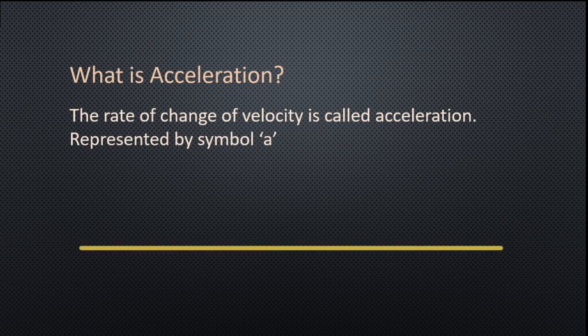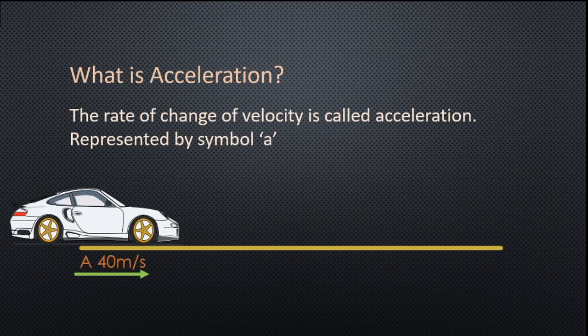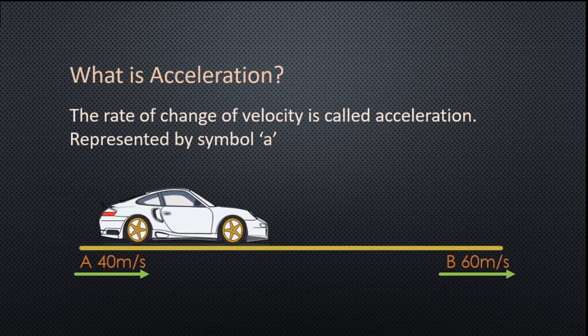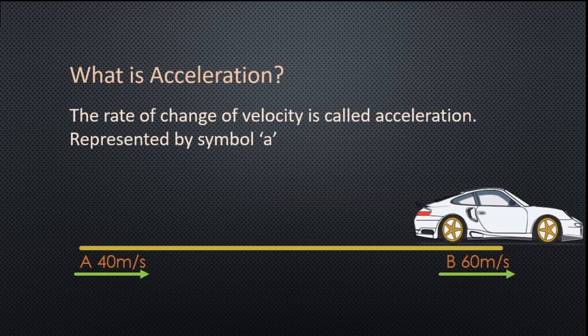So let us understand this concept with an example. Let us consider a car is moving on the road with a velocity of 40 meters per second, and after some time at point B, its velocity is 60 meters per second. So if I am asking you, will there be any acceleration in this case?